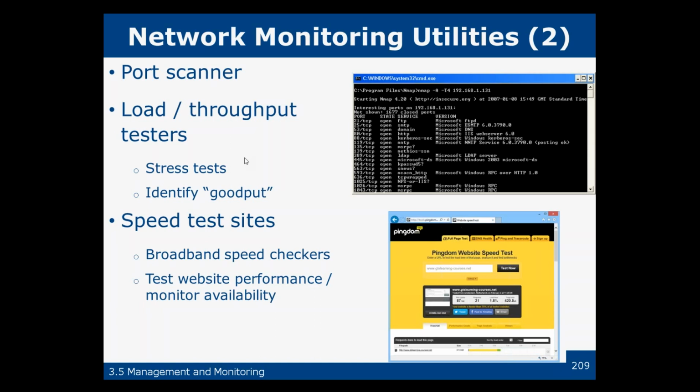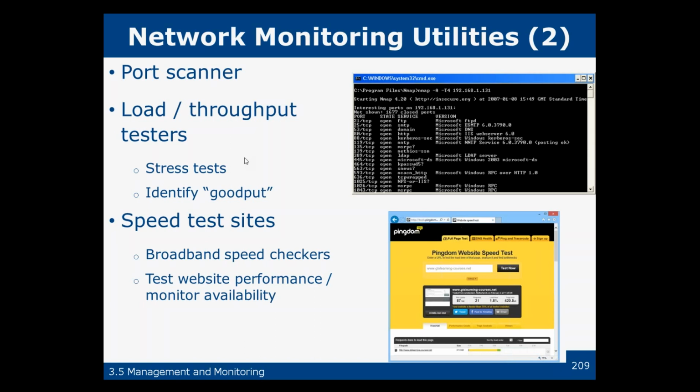Port scanners tell us what ports are open on a system, and the open ports are those that are waiting to accept connections. Speed test sites, you've probably used speedtest.net, a number of them out there. What kind of connectivity do we have?